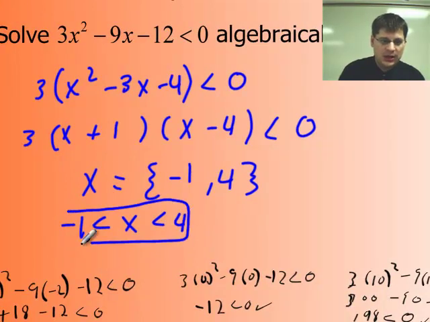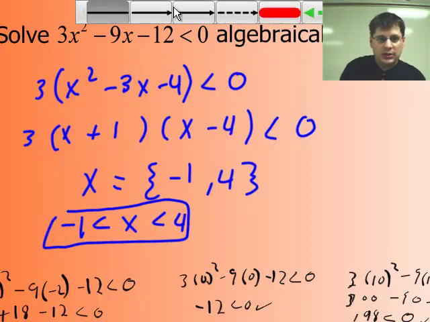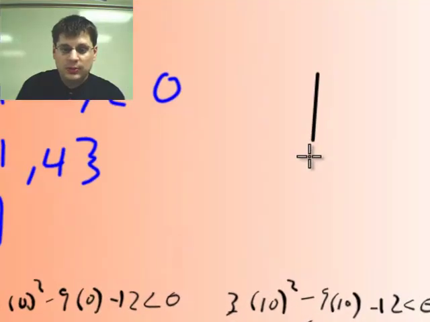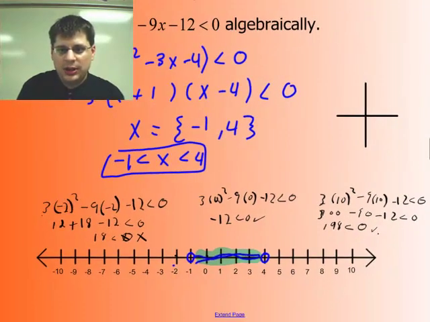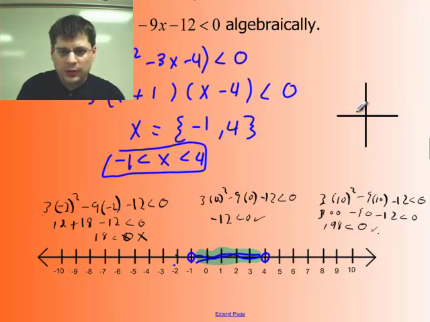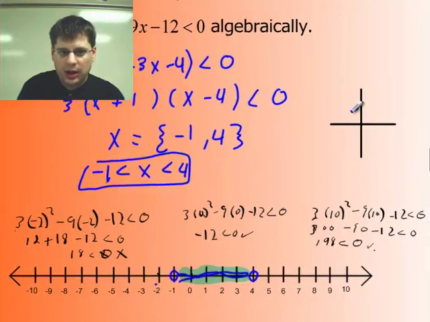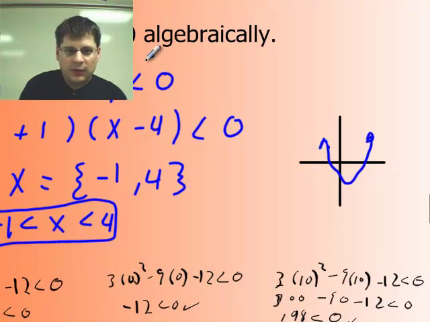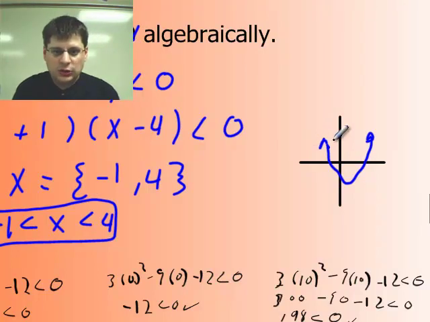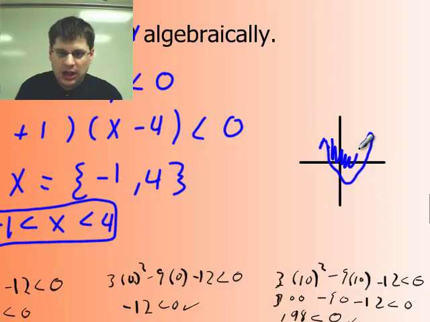And this makes sense because if I were to take a two-dimensional view of this, if I had a y-axis and an x-axis, my parabola is going to roughly look something like this. It's going to be opening up and it's going to do something like this. And if I were to place the 0 with a y, then it's going to be y is greater than, and I would shade anything above that.